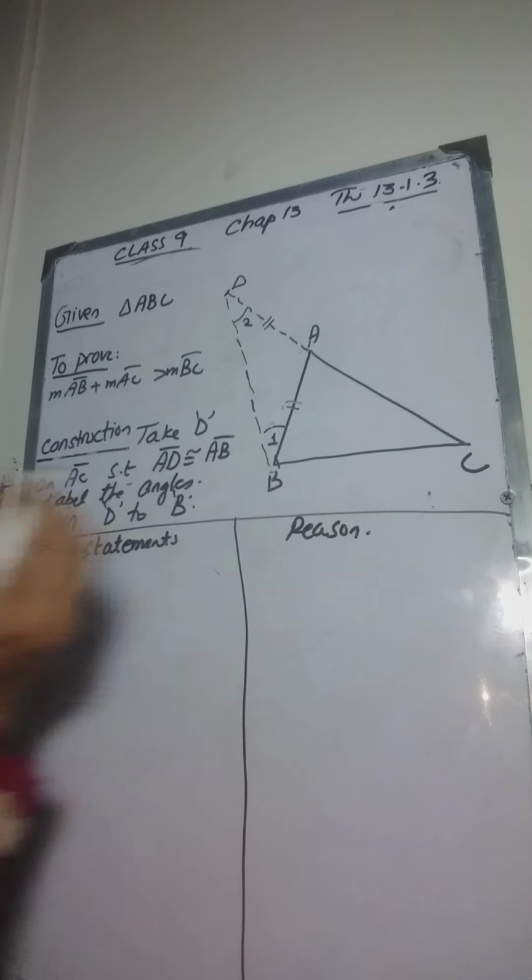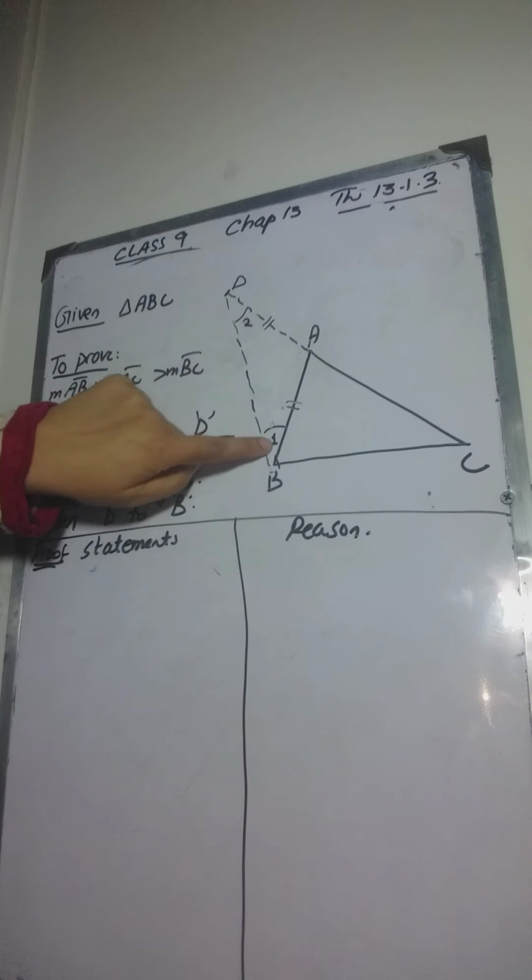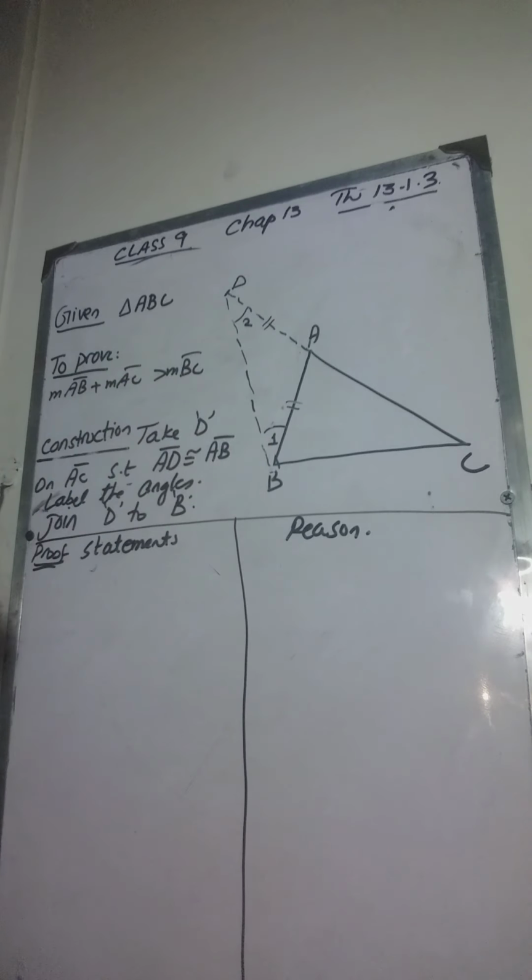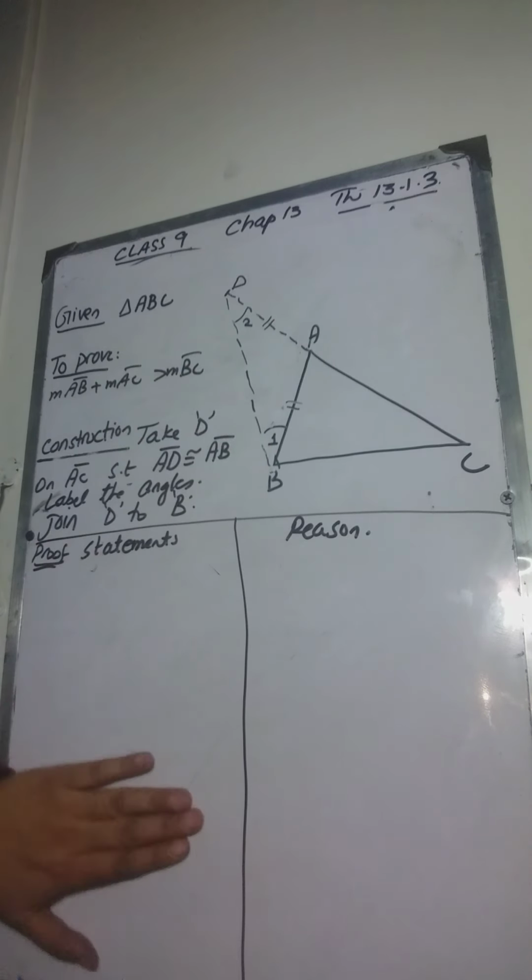Now in this triangle ADB, angle 1 and angle 2 are going to be congruent. First let me tell you the summary. What are the main steps? First of all, we take this triangle ADB and say that angle 2 is congruent to angle 1.